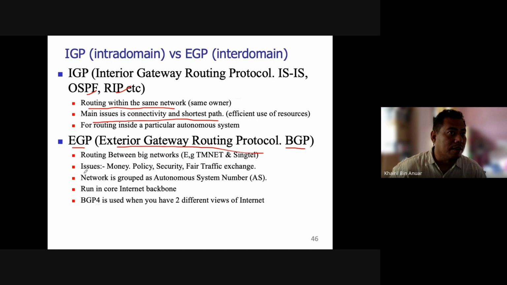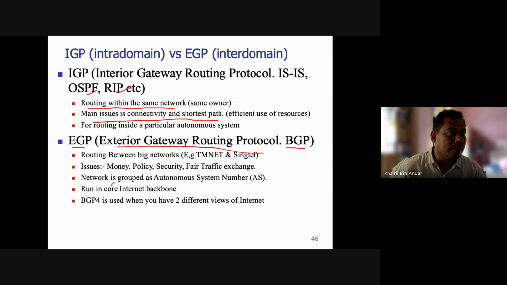The issues are money, policy, security, fair traffic exchange, because you want to save money rather than have your packets routed to a different organization. Perhaps you want to keep traffic within your own network. So you need to consider these issues.